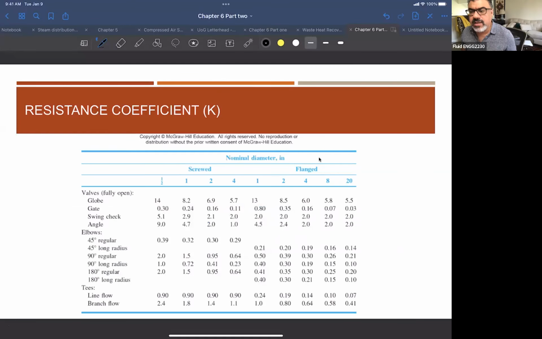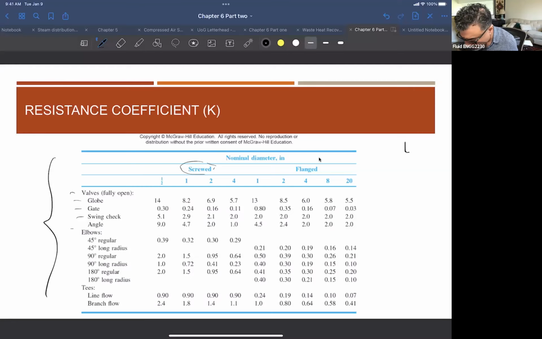So sometimes you get it as a chart, but sometimes you get it as tables like this. For example, it's giving you different components here, either screwed components, where the components are screwed together, or these components are flanged, right?